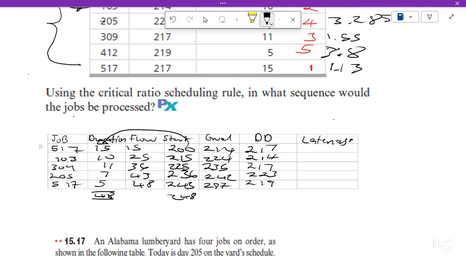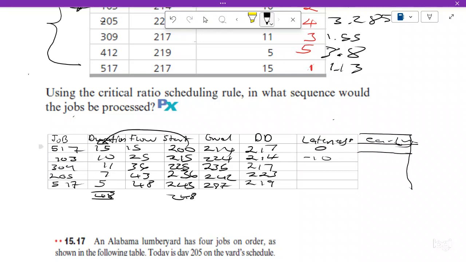The big question is 217 minus that, we have a positive value. 214 minus 224 is negative 10. If we had a table that says early, we would say you are early by so many days.